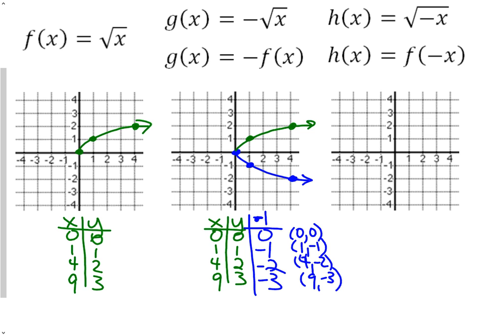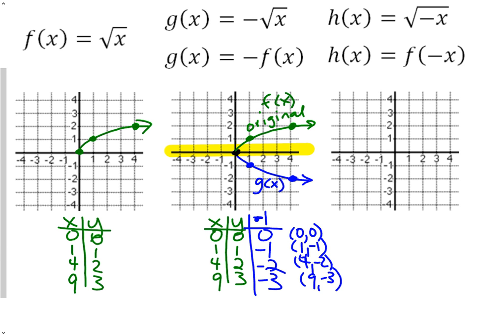There's my original, f of x. Then here is my g of x in blue. And as we can see, it's just been reflected in that x-axis. So let me put a highlighter here. So it's reflected in that line.